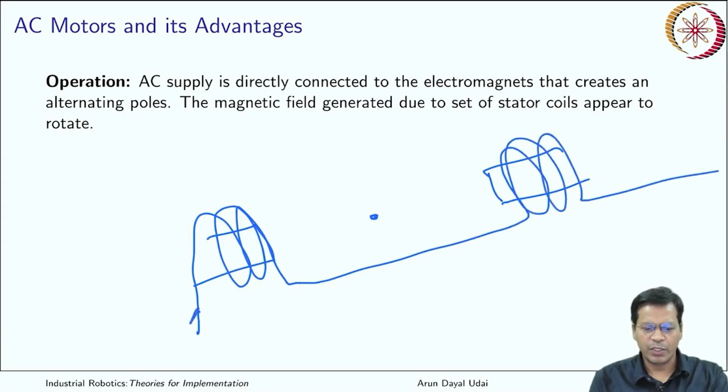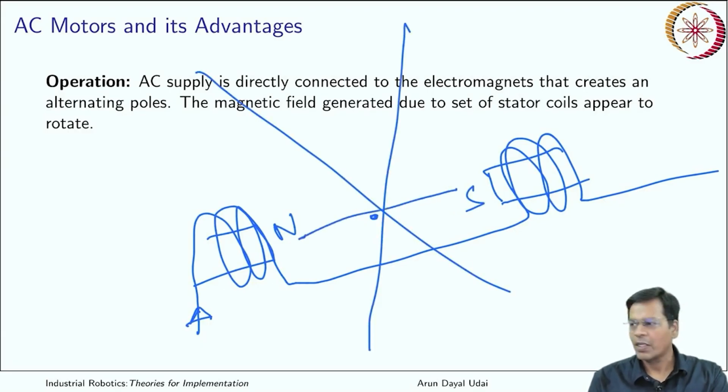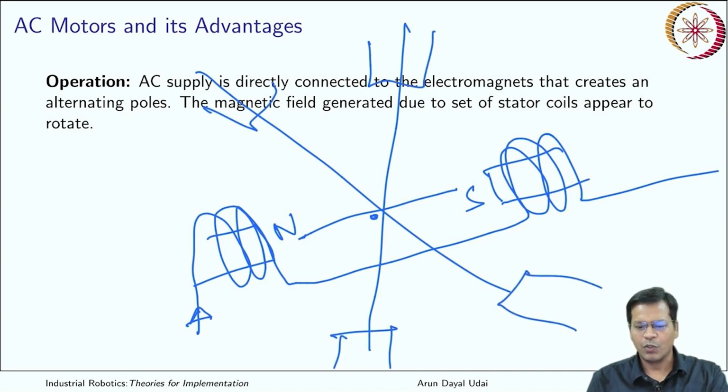If you flow current like this, this becomes north and this becomes south, and you can also have poles at different places, opposite poles. All together you have three phases, and that can create an equivalent magnetic field which can rotate. This is the same principle applied here.